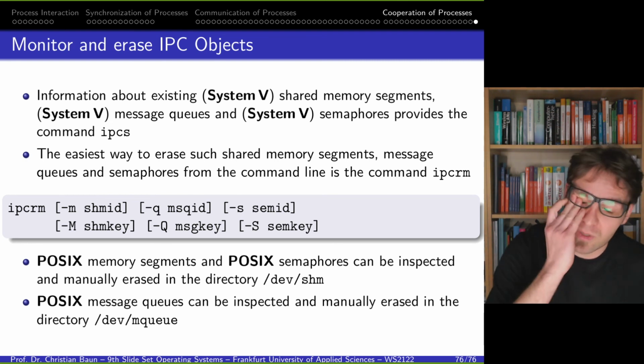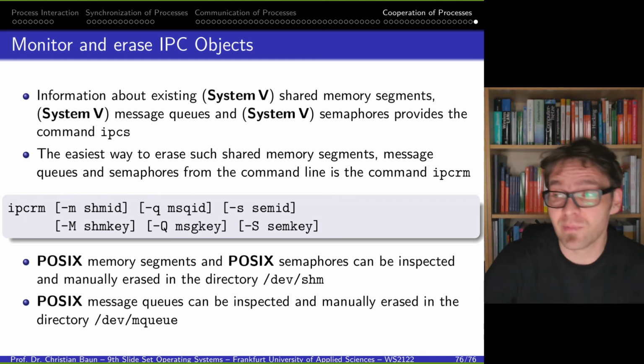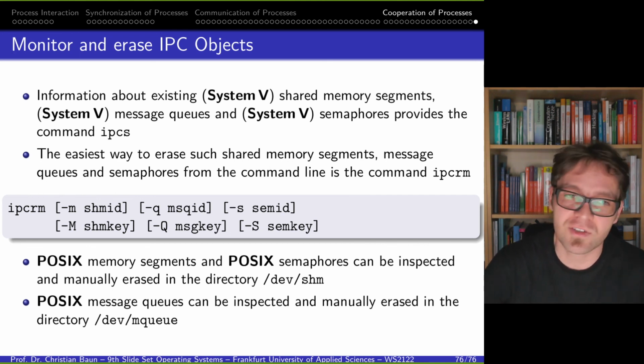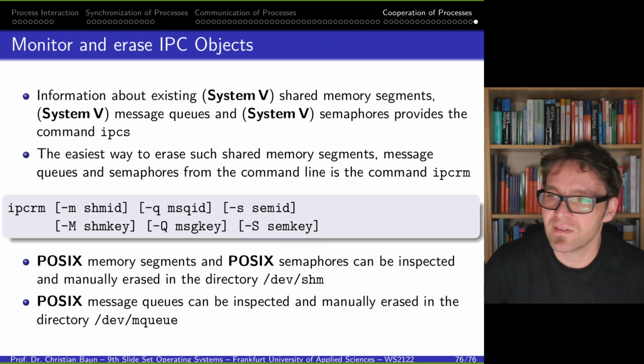If you implement programs and sometimes forget to erase such resources, or your application crashed and the message queues or shared memory segments are still available, and you want to remove them by hand, you can do so with IPCRM, this command line tool.